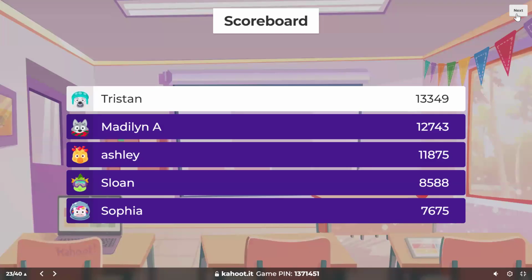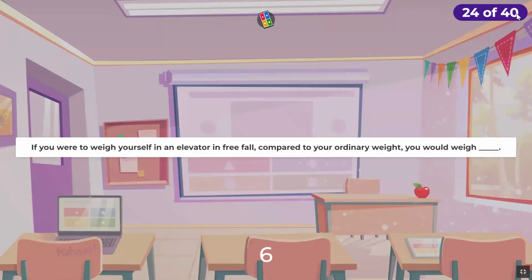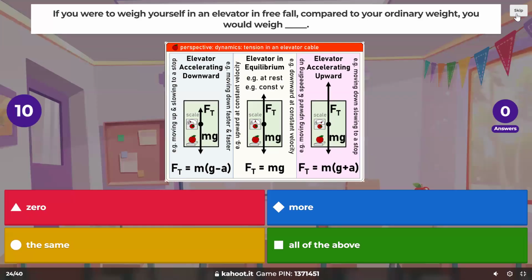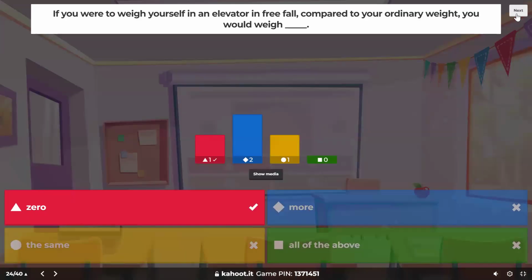All right. If you were to weigh yourself in an elevator in free fall compared to your ordinary weight, let's say your scale reading would be what? Yeah, looking for scale reading on that one.